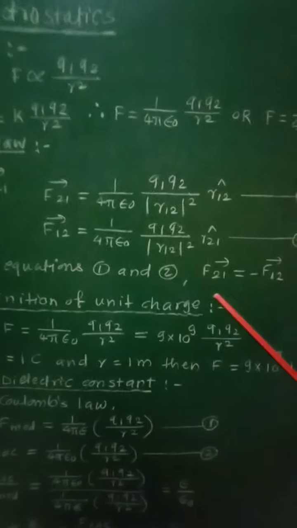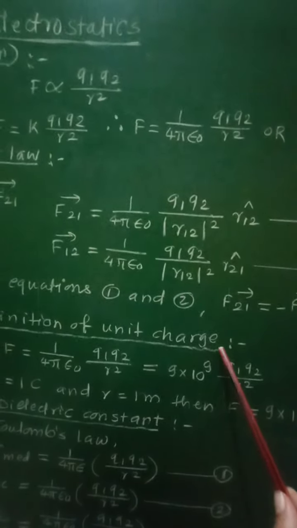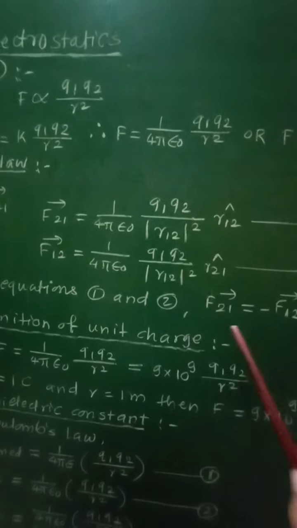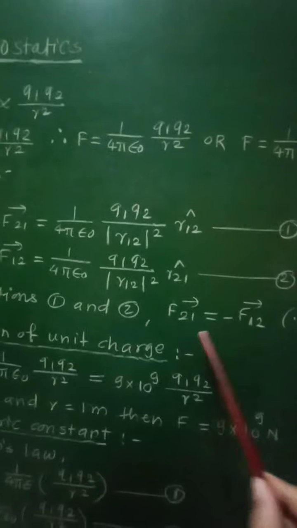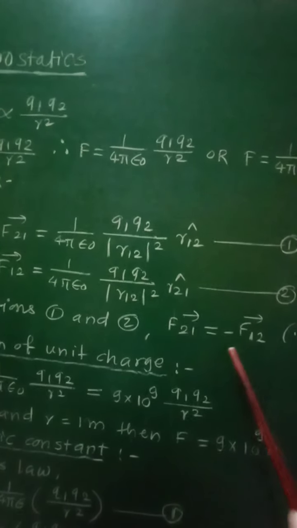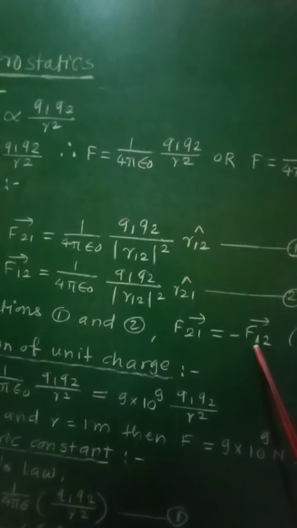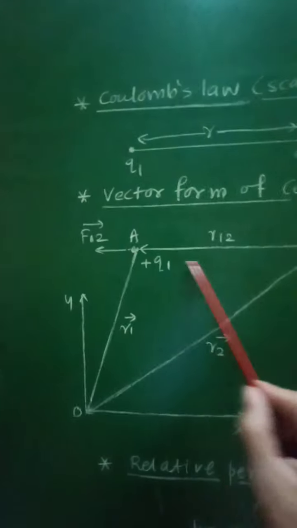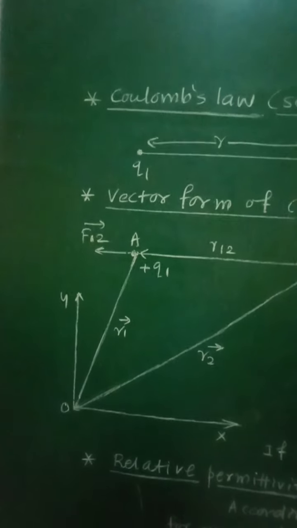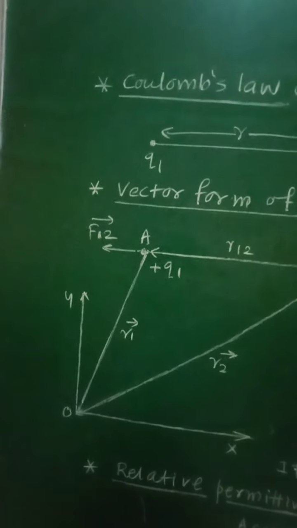But from this equation again it is clear that these two forces will produce an action reaction pair, that is F21 and F12. These forces act along the same line AB, but in opposite directions.